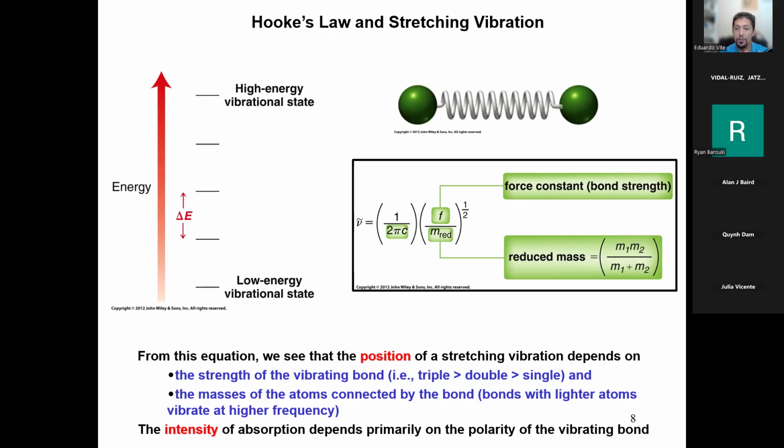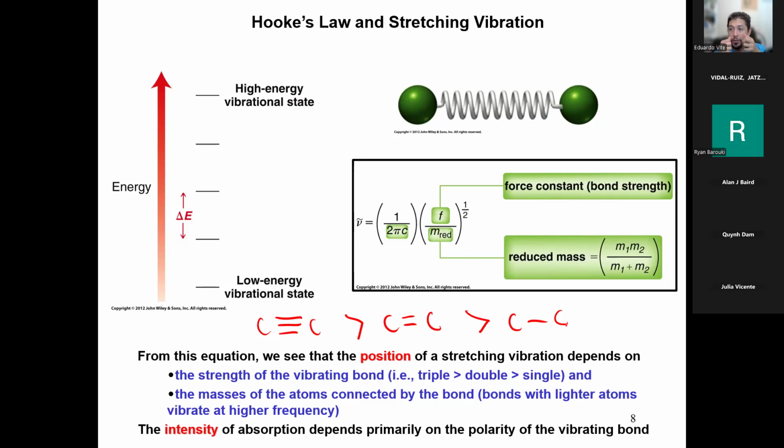And then, of course, we can use this equation to come to conclusions, right? Basically, the strength of the bond, you see we have this F force constant. If that number gets bigger, if the bond is stronger, then the wave number is higher. And so a triple bond is going to have a higher wave number than a double bond, and that's going to have a higher wave number than a single bond in general.